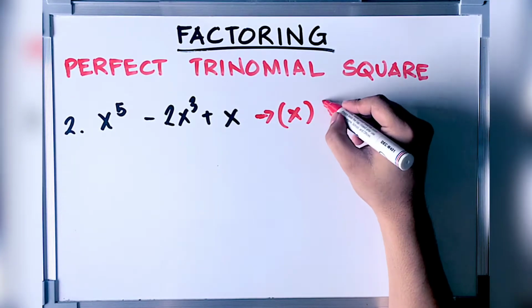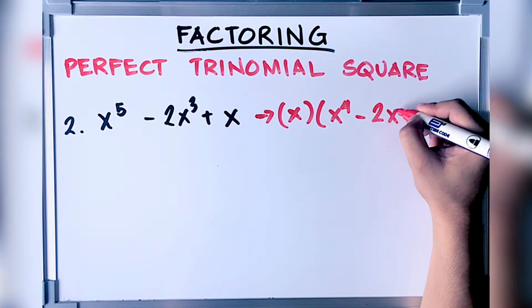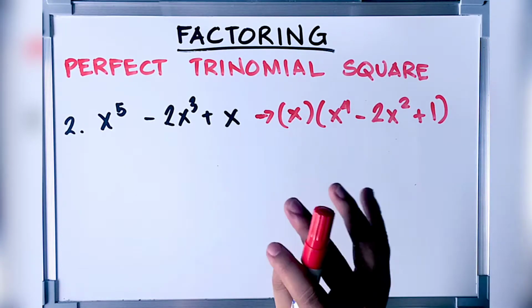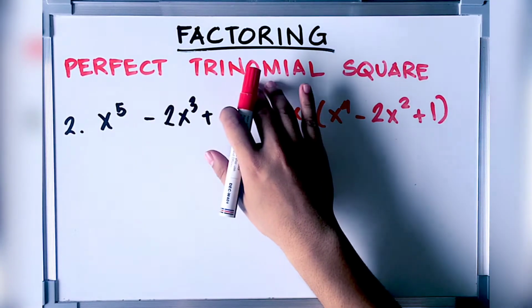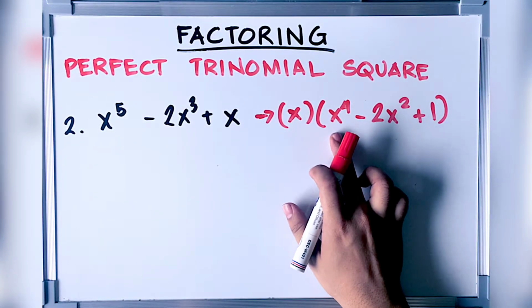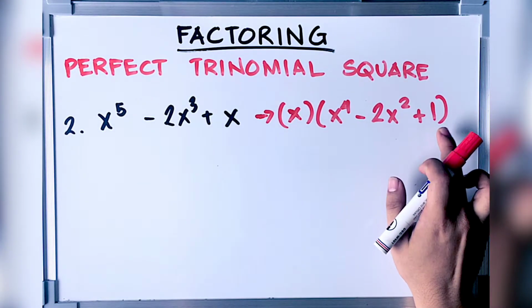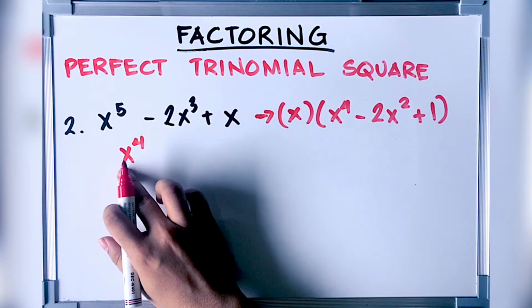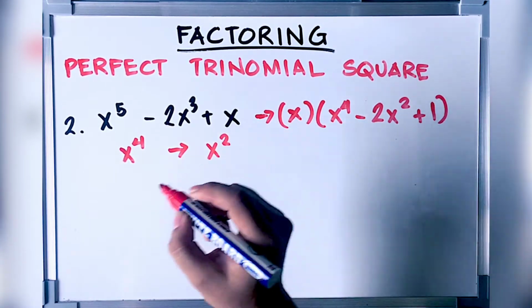So, x times x to the fourth minus 2x squared plus 1. So, tingnan naman natin to equation na to kung pwede na siyang gamitan ng perfect trinomial square. So, perfect square yung first term, perfect square din yung last term. So, try natin. So, ang first term niya is x to the fourth, square root niya is x squared.